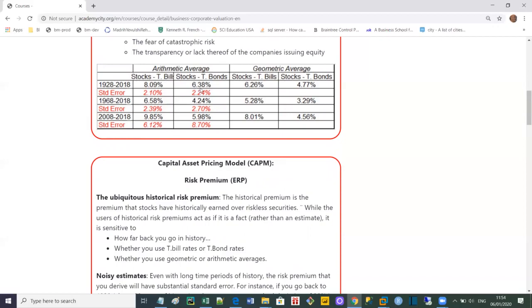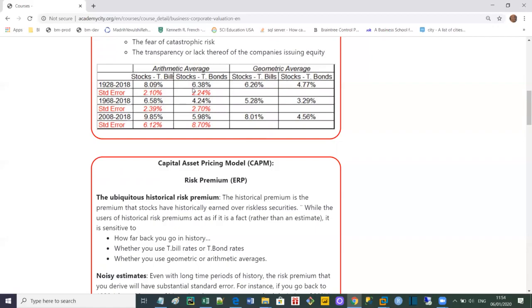So in some respect, the 6.38 difference is overestimating the true return over the 10-year government bonds. In other words, we're overestimating the portfolio return because every year we include only stocks of companies that survived.